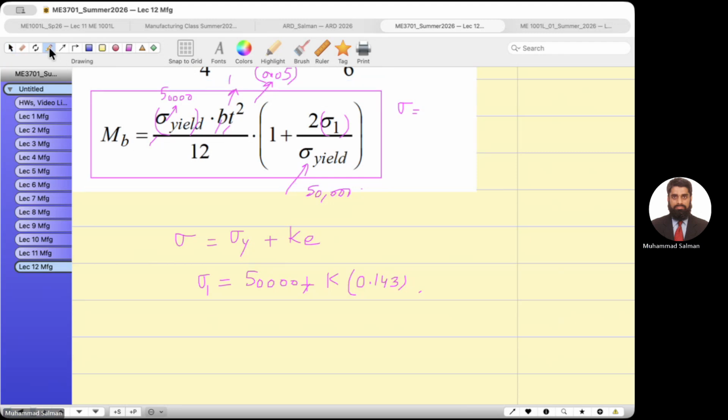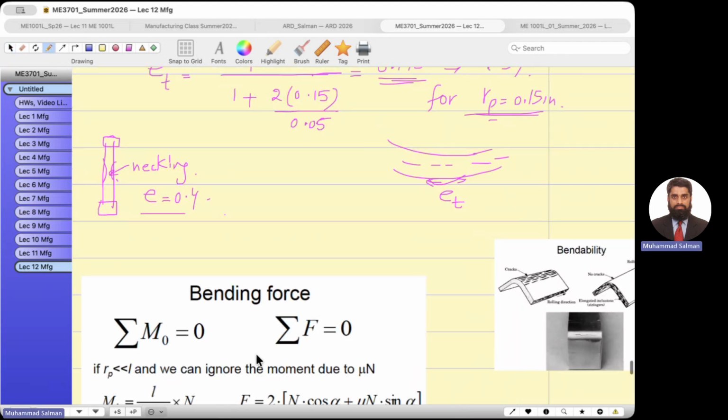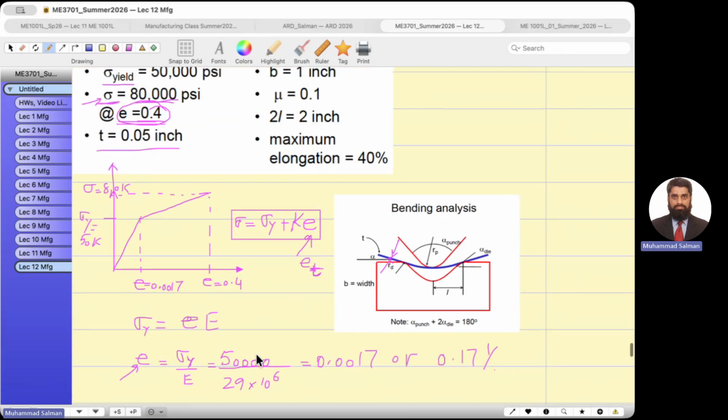Now K is nothing but a slope, rise over run. Look, this is my rise, this is my run. So this is my K. Everybody knows how to find out the slope, right? So what is K?